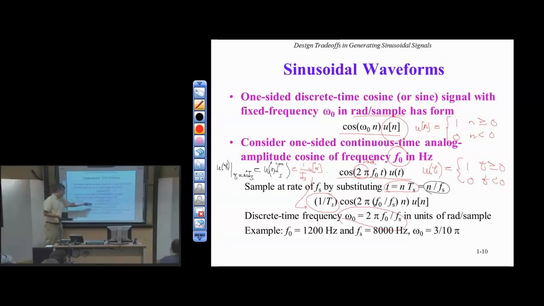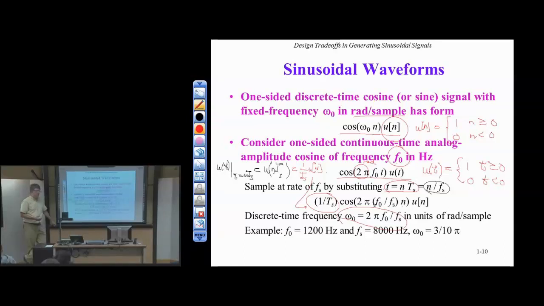From maybe two lines of algebra, you'll see the connection: the discrete time frequency is all this in front of little n, the omega naught. It's 2 pi times the continuous time frequency in hertz, f naught, divided by the sampling rate, f sub s.